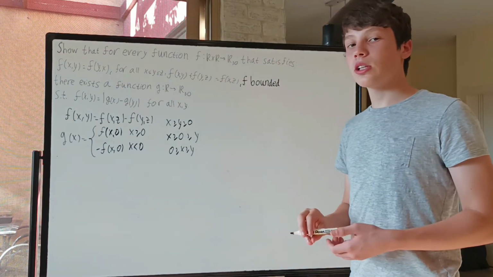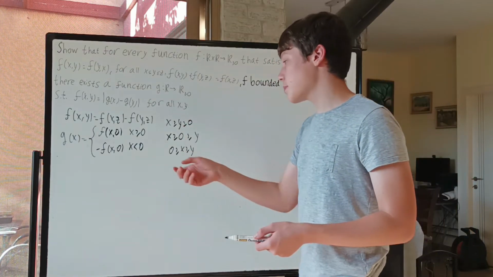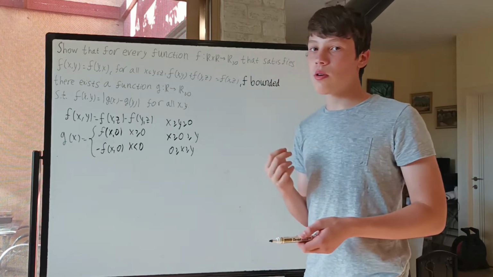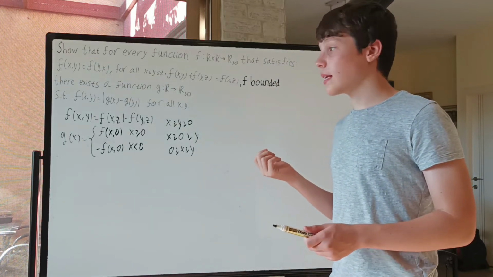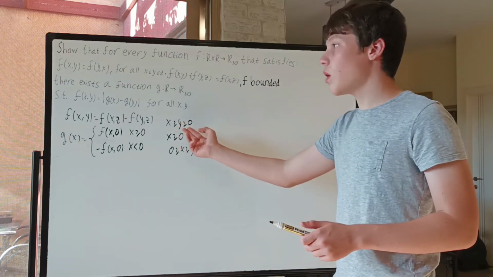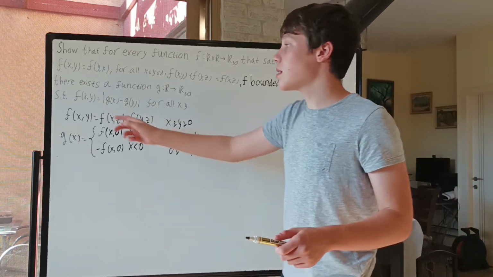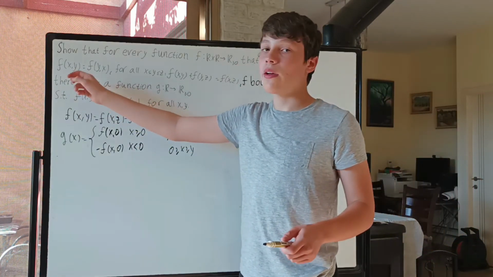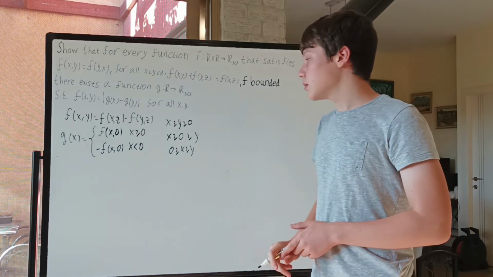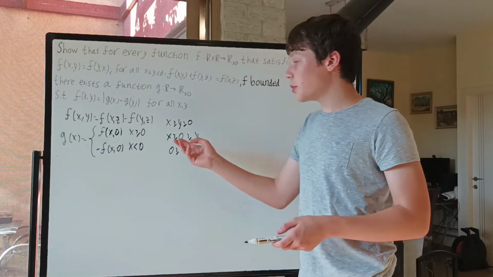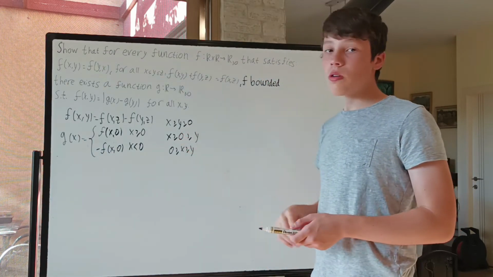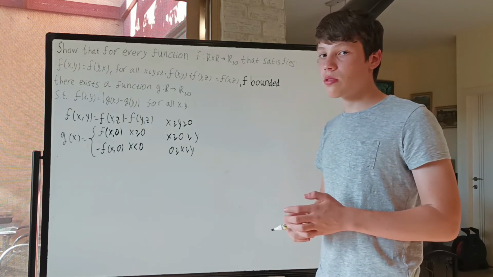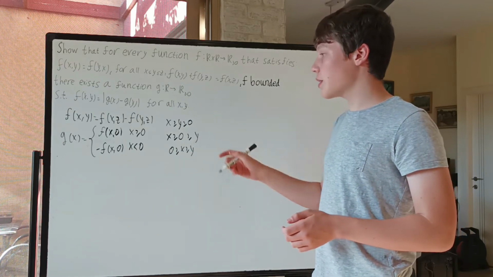Now it seems like there should be more cases, right? What if y is bigger than or equal to x bigger than or equal to 0? But we don't need to check that case, because in the function f, x and y are interchangeable, so switching them here will not affect our result. So we'll just show these 3 cases.